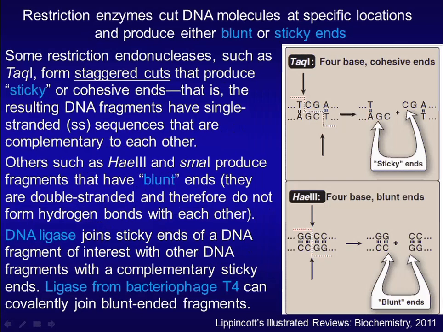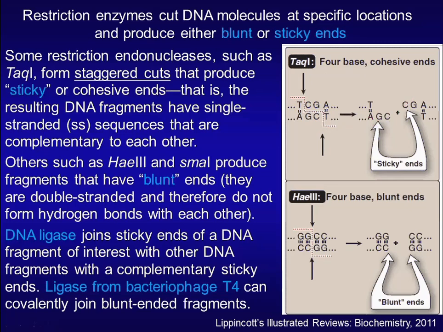Some restriction enzymes, such as TAC1 and EcoR1, form staggered cuts that produce sticky or cohesive ends. For example, TAC1 cuts between T and C. The resulting DNA fragments have single-stranded sequences that are complementary to each other.